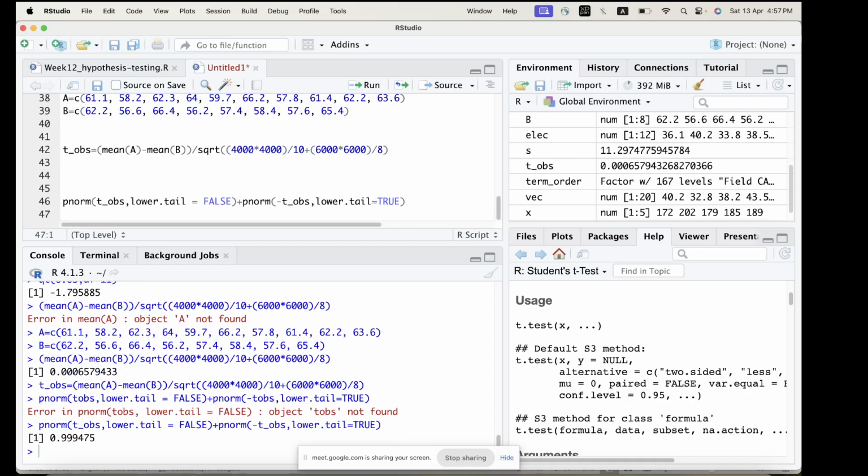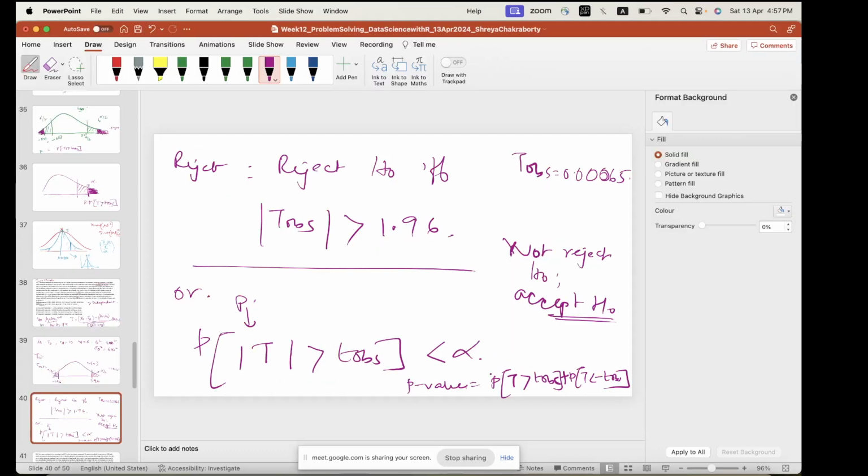So this p value is actually 0.999, which is greater than alpha. Therefore we accept H0, we do not reject H0.